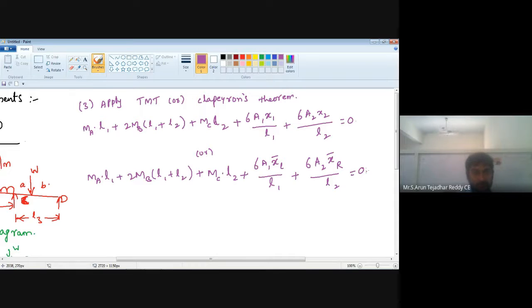So in the third point, we should apply the TMT or Clapeyron's theorem.